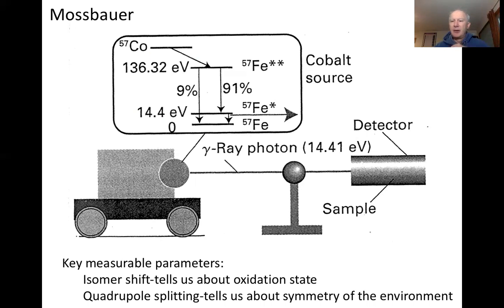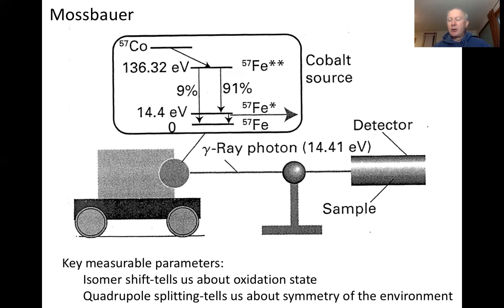Electrons moving around. Well, nuclei also have energy levels. It's not something we ever really talk about in chemistry, but this Mossbauer technique is based on transitions between nuclear energy levels. You can have a ground state nucleus and an excited state nucleus.